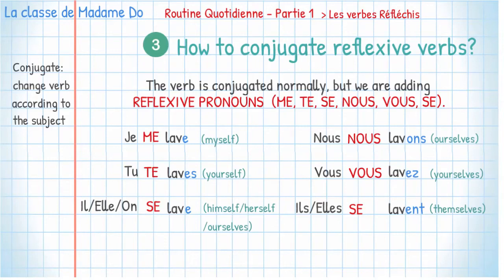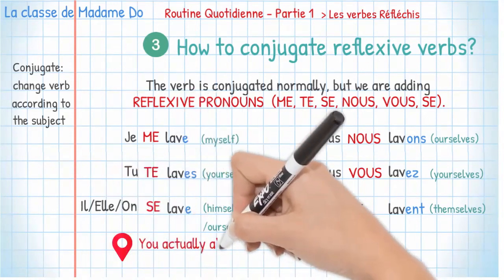If you want to say I wash myself, it would be je me lave. So the reflexive pronouns me, te, se, nous, vous, se actually mean in English myself, yourself, himself, herself, ourselves, yourselves in plural, and themselves. All right?